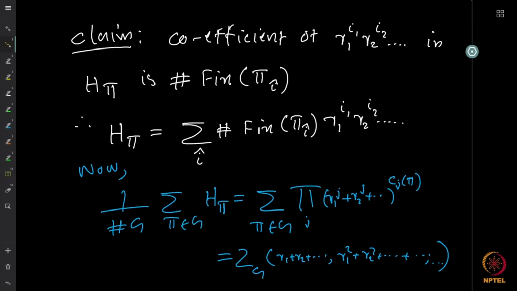Now what is this? This is the cycle index Z_G of (r1 plus r2 plus etc., r1 squared plus r2 squared plus etc.), substituting for the first variable r1 plus r2 plus etc., for the second variable r1 squared plus r2 squared plus etc., and going on like this.